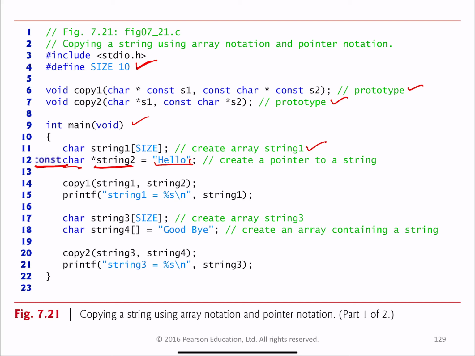So we are creating a constant string and then setting up a character pointer to point at that constant string. Okay, we then call this function copy1 that we'll look at in a minute.